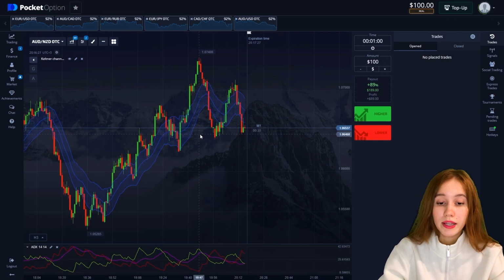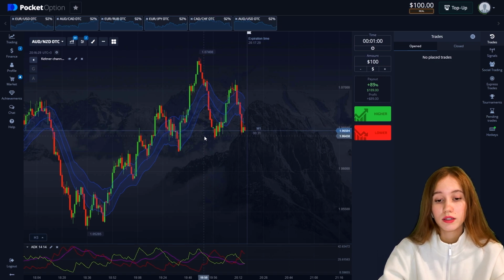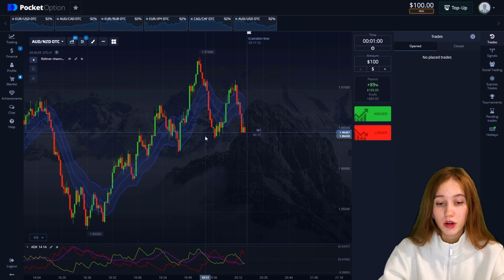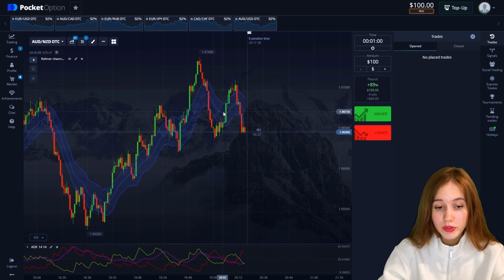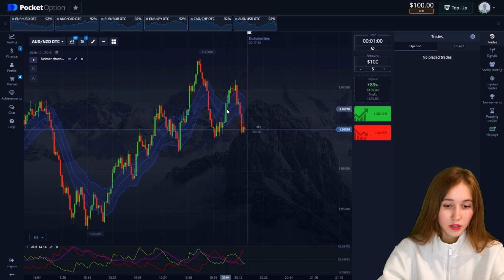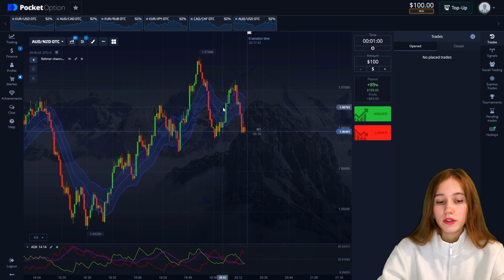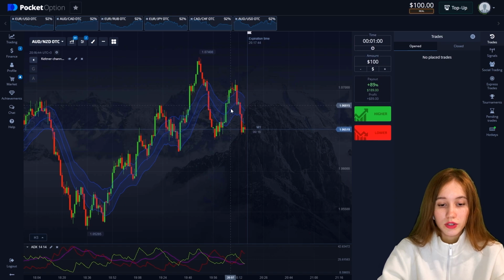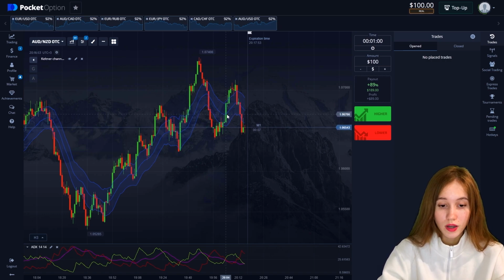This is the main volatility indicator of technical analysis, which helps us to determine the trend in the market. It's based on the principle of channel price movements: after applying the indicator to our chart, the upper and lower boundaries of the channel appear, within which we assume the price will trade for most of the time.